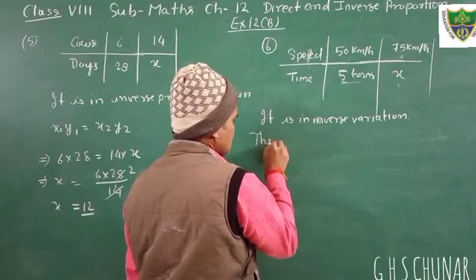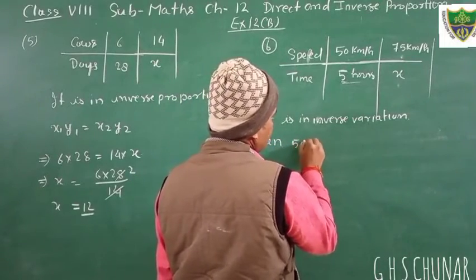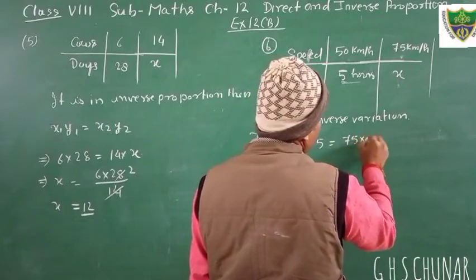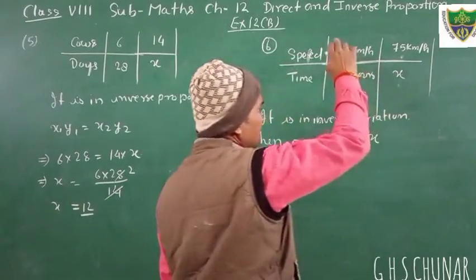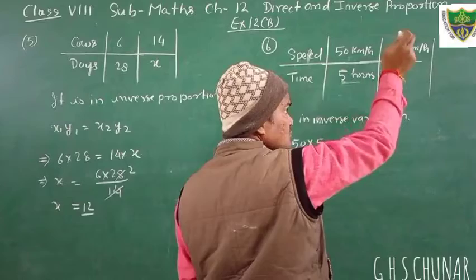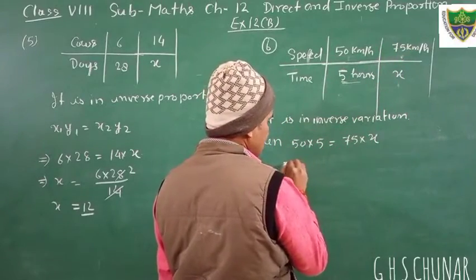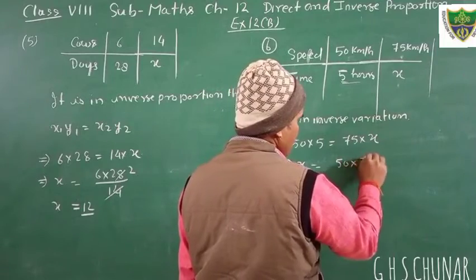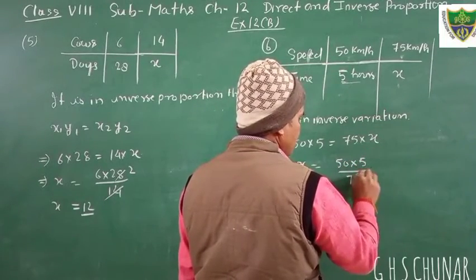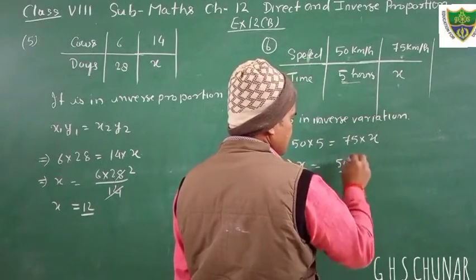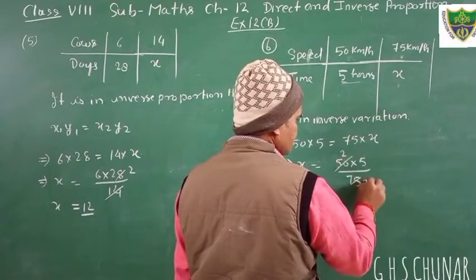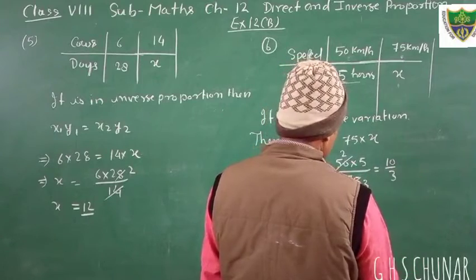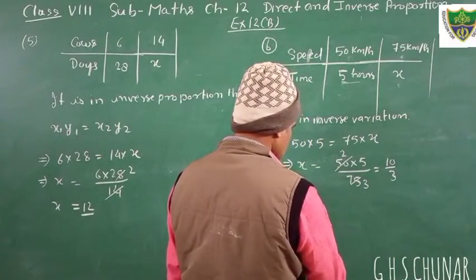Then 50 into 5 is equal to 75 into x, x1 y1 is equal to x2 y2. That implies x is equal to 50 into 5 upon 75, that is 10 upon 3 hours.